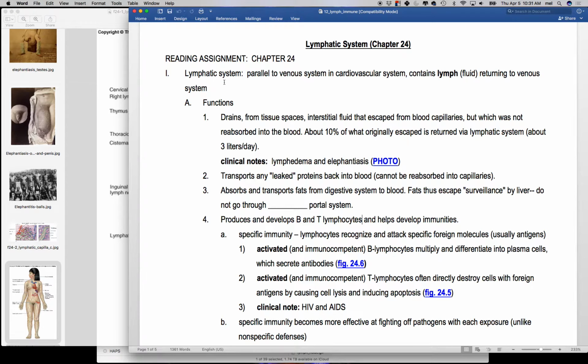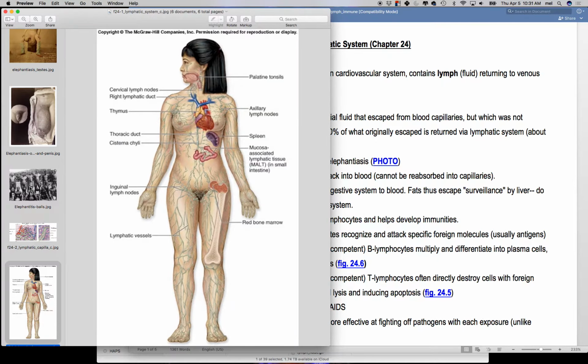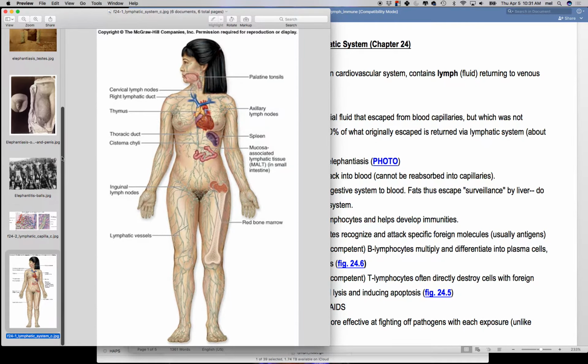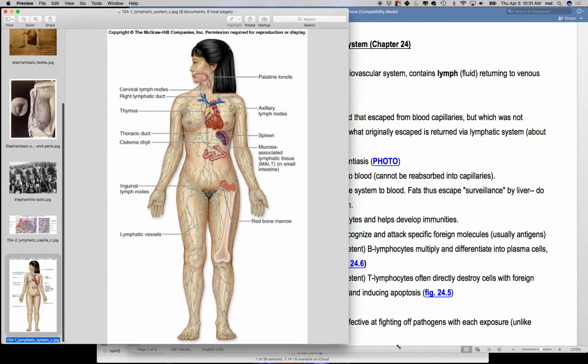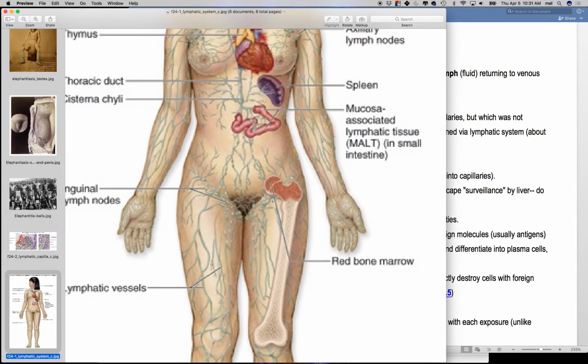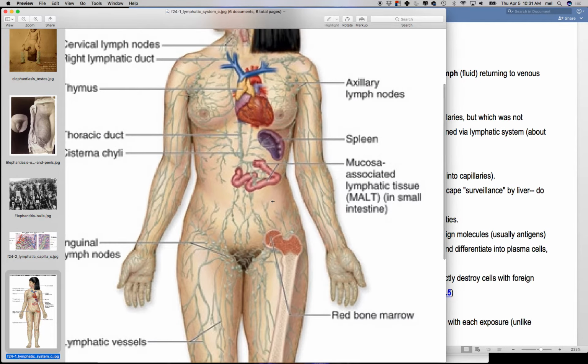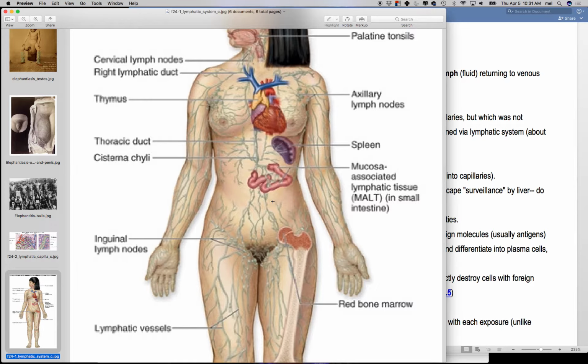So what we are going to do is get some appreciation and overview for the lymphatic system. Here's just sort of your overview picture of the lymphatic system. The lymphatic system is a system of low pressure tubes that runs relatively parallel to the venous system, but the tubes are so thin-walled and small that you won't find them at all unless you're specifically looking for them.